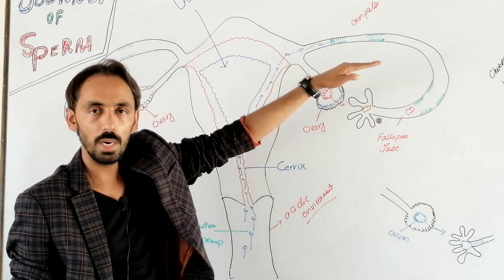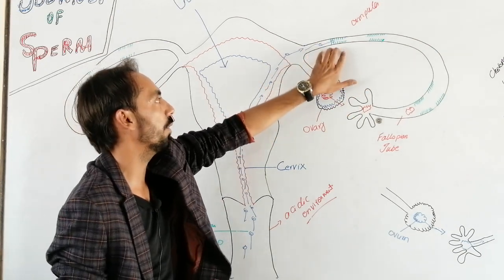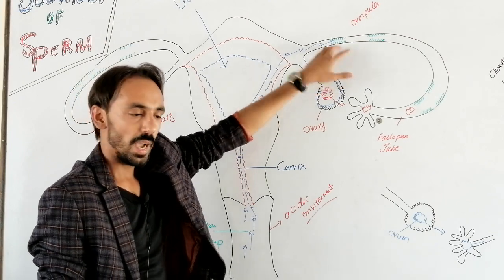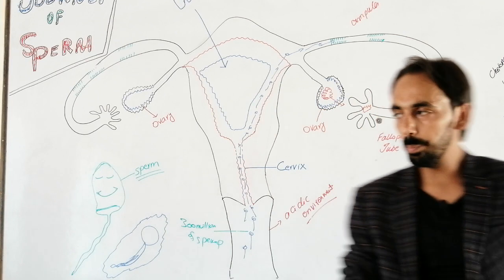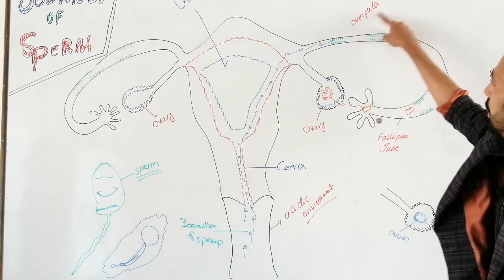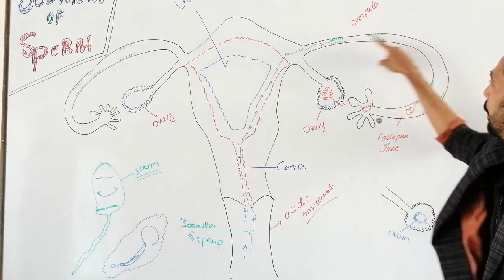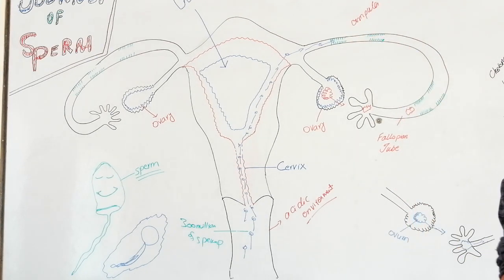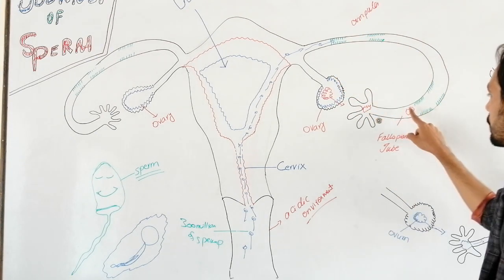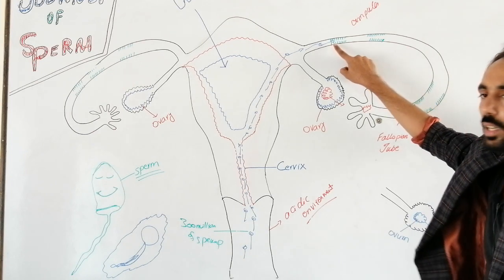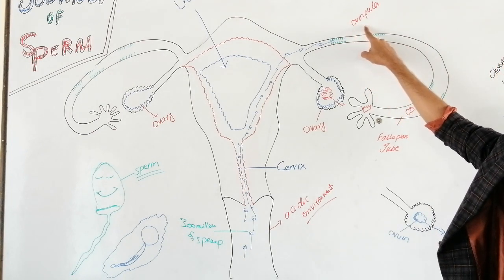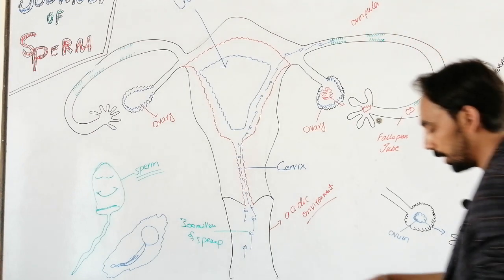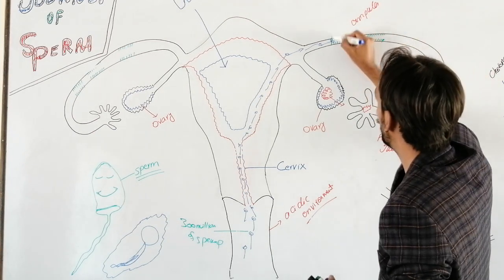Ultimately, the sperms will reach the fallopian tube, and at the level of the ampulla, this region of the fallopian tube is called the ampulla, and the fertilization will occur. This sperm and this ovum will meet over here at the ampulla of the fallopian tube, right? So at the ampulla region of the fallopian tube, the fertilization will occur.